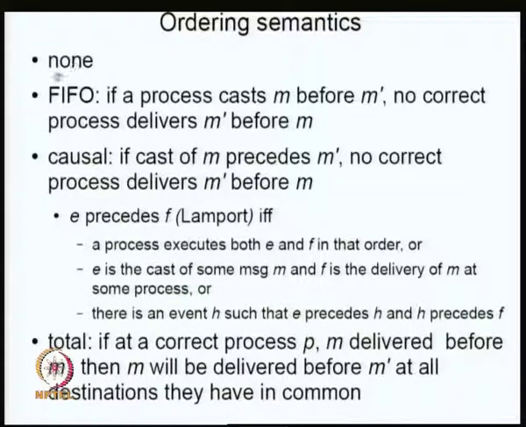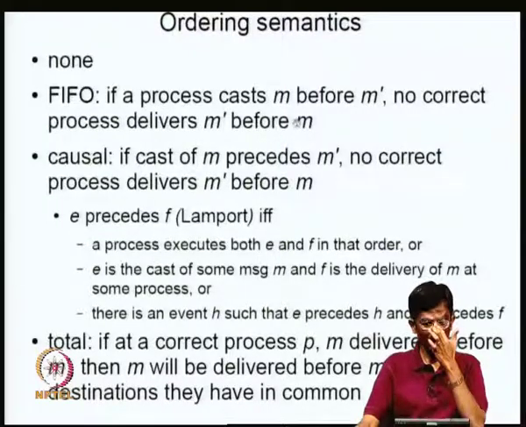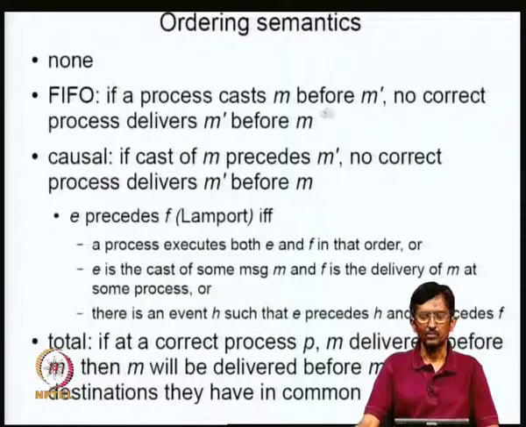I think I went through a few of them last time, when there are either no ordering semantics at all, or there could be FIFO semantics, in which, if a process either broadcasts or multicasts M before M prime, no correct process delivers M prime before M. So basically it is clear that the process is doing both of them, M and M prime.